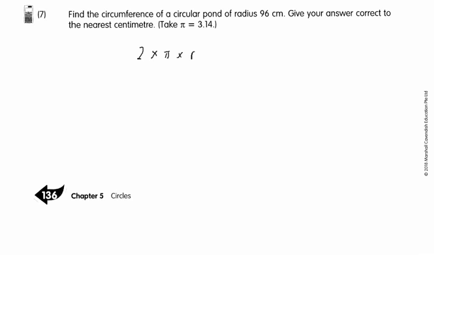Equals to... Lauren, what's the answer? What's the answer?